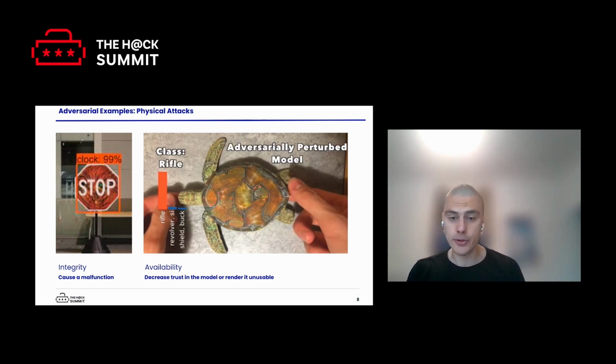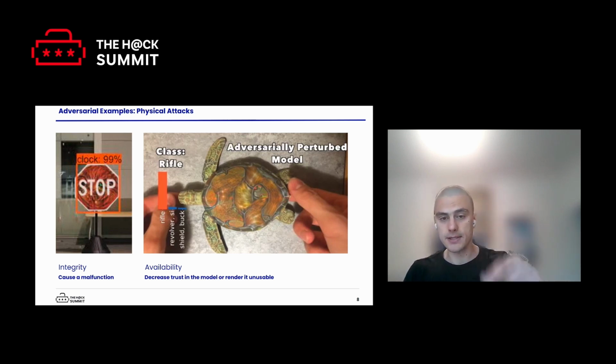So for example, for airport detection systems, this type of attack would cause this benign 3D printed model that's definitely not a rifle to be classified as a rifle. And this is an example of an adversarial attack that, on one hand, in the case of the stop sign, is capable of perturbing the integrity of your solution, so causing a specific bad decision in this one case, trying to threaten a specific use case and perturb the output for a specific sample.